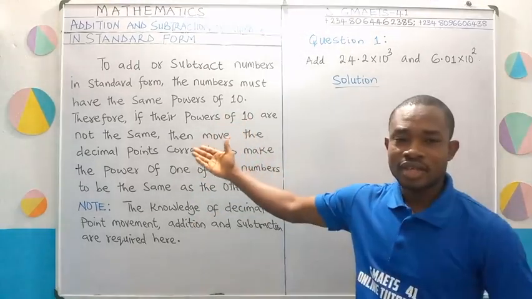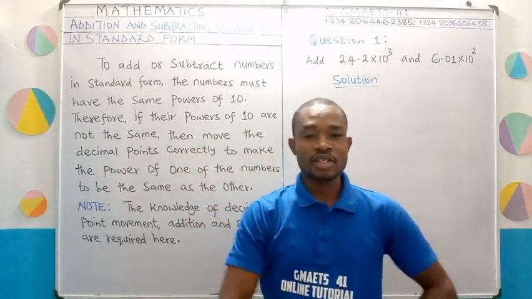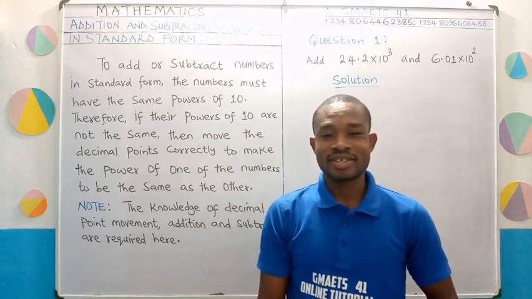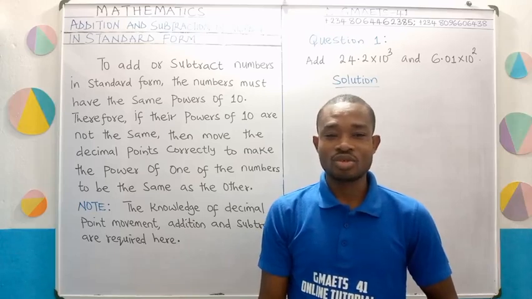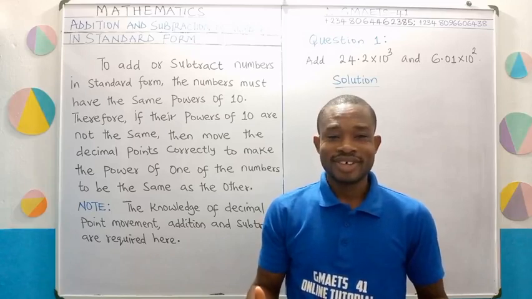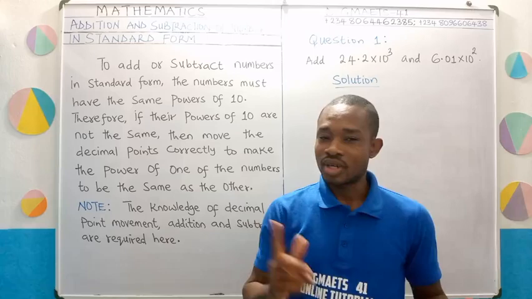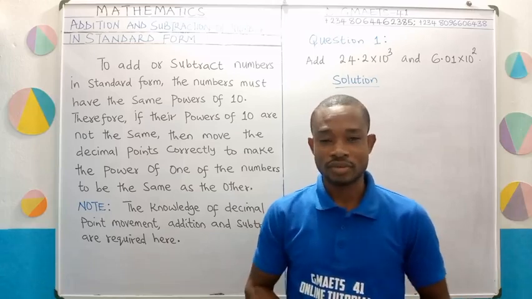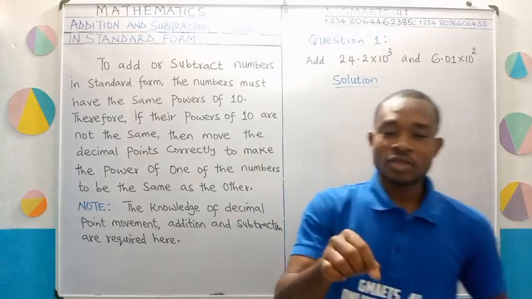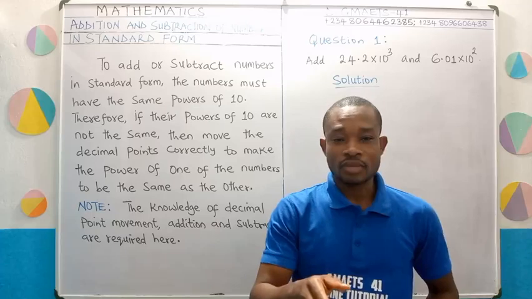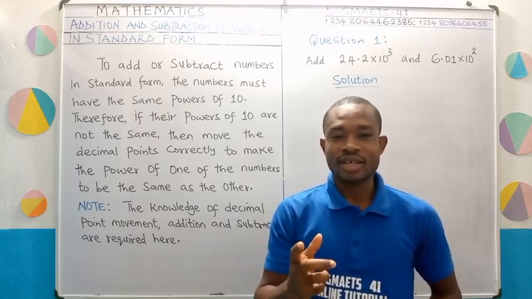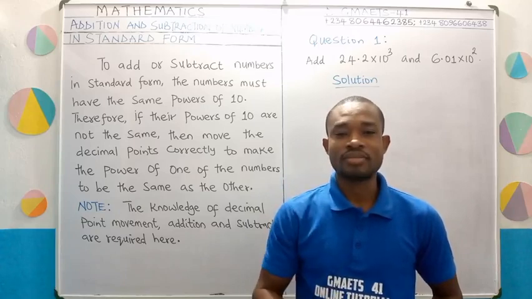How do we add and subtract numbers in their standard form? It's a simple one, all right? The knowledge is not too different from what you have learned already under the basic operations, addition and subtraction. The only thing here is that for you to add or subtract numbers in their standard form, their powers of 10 must be the same.